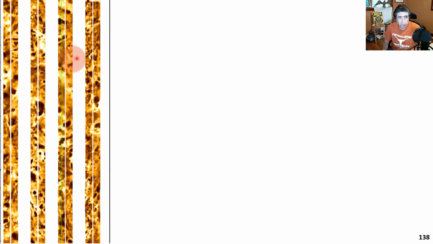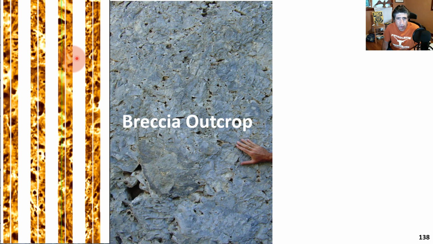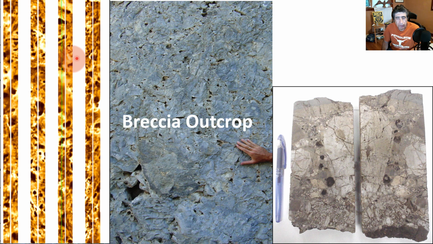And here's another beautiful example of a brecciated carbonate, similar to what I showed in some of the movies for part 2 of the carbonate trilogy. Here's a breccia outcrop, a carbonate formation, and on the left we have the corresponding borehole resistivity image. And here we have another photograph of how these brecciated carbonates look, and in fact many of them are very good hydrocarbon reservoirs.